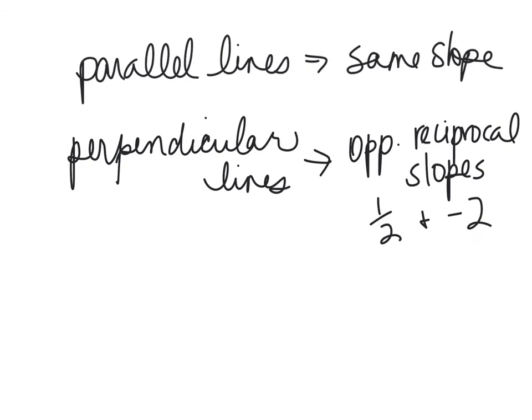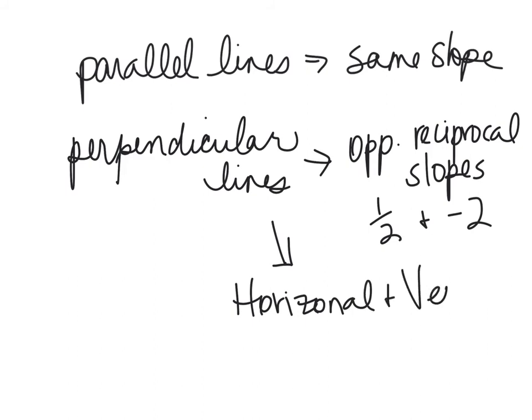Because those are opposite, one's positive, one's negative. And then if I flip over 1/2, I get 2/1, but I don't have to write that over 1 thing. Okay, and then also horizontal and vertical lines are going to be perpendicular.